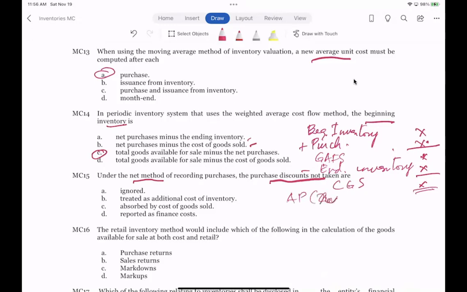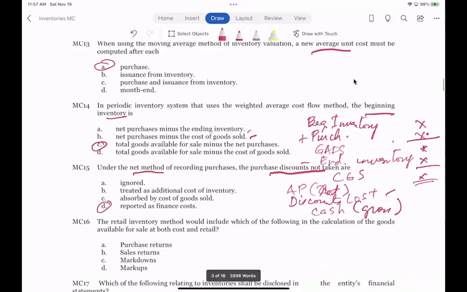No, at net. Credit cash at gross. And debit discounts lost for the difference. Therefore, under the net method of recording purchases, the purchase discounts not taken is reported as finance costs.